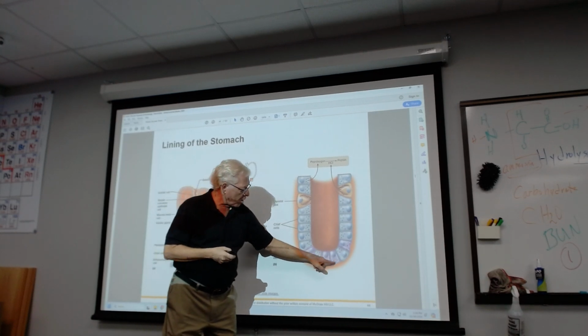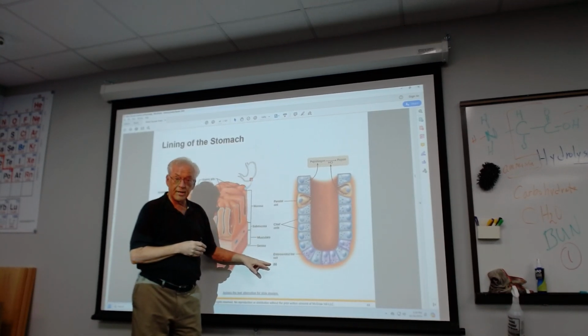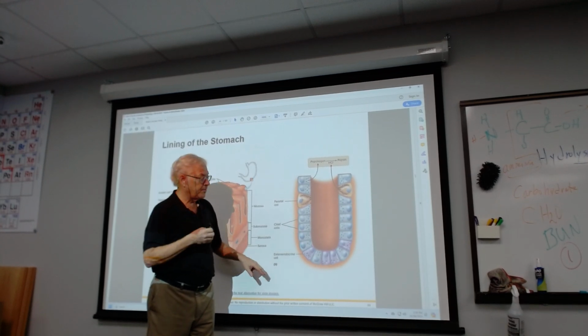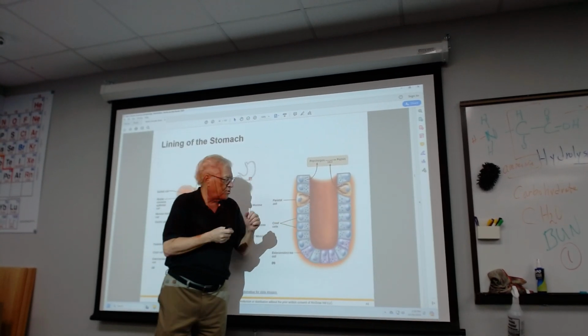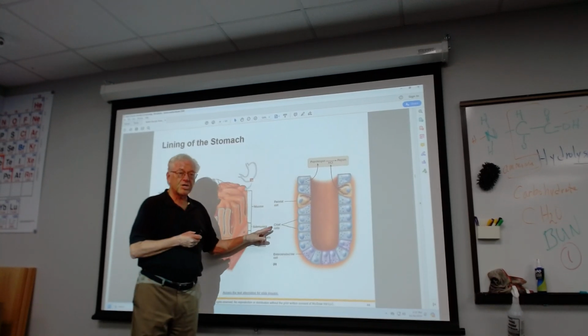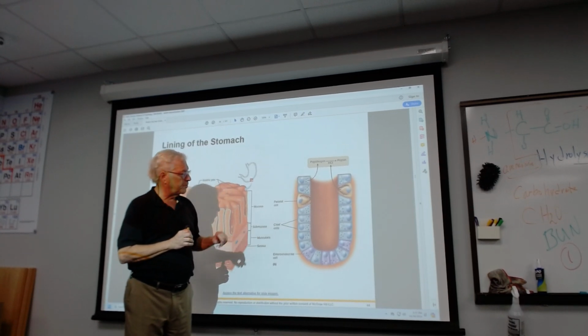Near the bottom are these little guys that they've painted purple, and they are the enteroendocrine glands, which make hormones, one of them being gastrin, which makes sense from the gastric region. And all the rest of these guys are your chief or principal cells. Okay? Chief cells or principal cells.